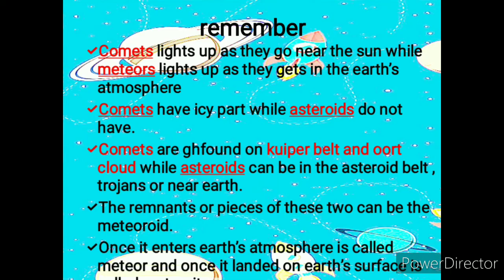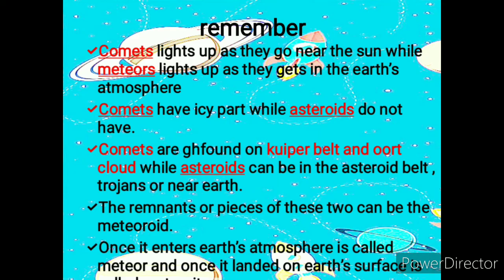Next, comets are found in the Kuiper belt and Oort cloud, while asteroids can be in the asteroid belt, Trojans, or near Earth. So, the Kuiper belt and Oort cloud are much farther than the asteroids.